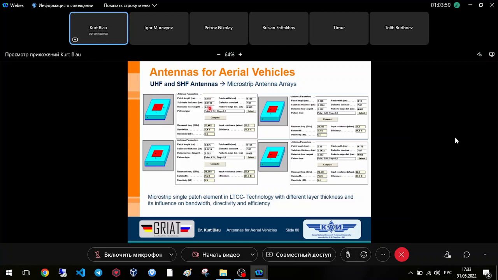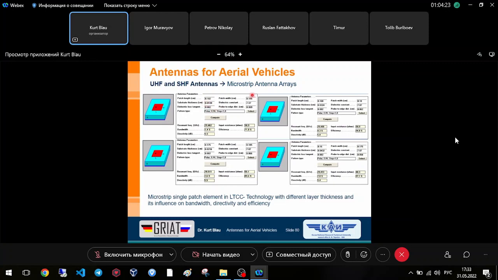The substrate thickness, because it's given in centimeters, is 108 micrometers. The loss factor is not so very good, but it's good enough. It's 0.002, means 2 exponent minus 3.